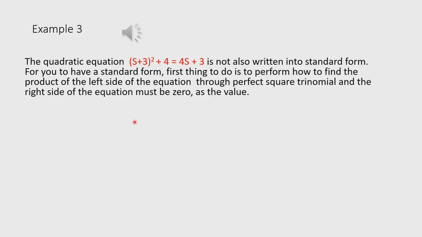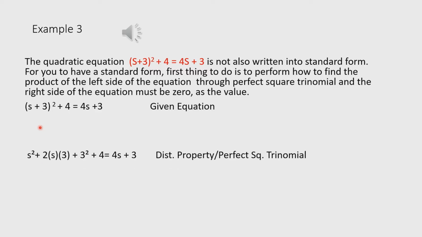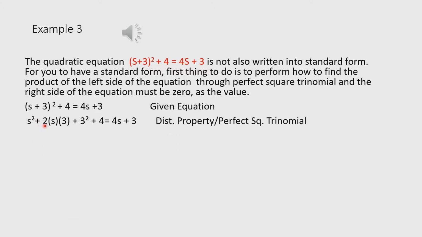The given equation is written here for us to apply the distributive property and perfect square trinomial to become s squared plus 2 times s times 3 plus 3 squared.